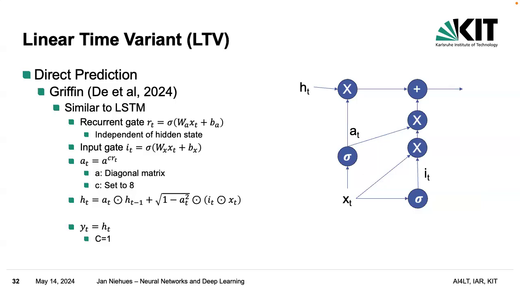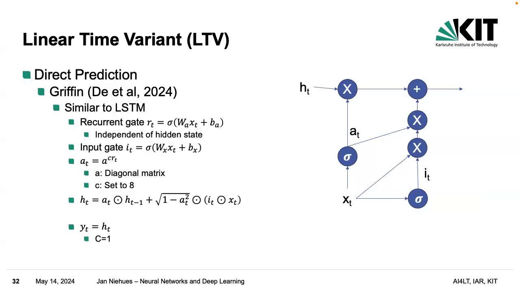In this case, as you said, we don't have a C there, so our output is just again directly our hidden state. So yeah, this is one way of how you can do it. To use it, you see that it's very similar, or somehow similar, to an LSTM.